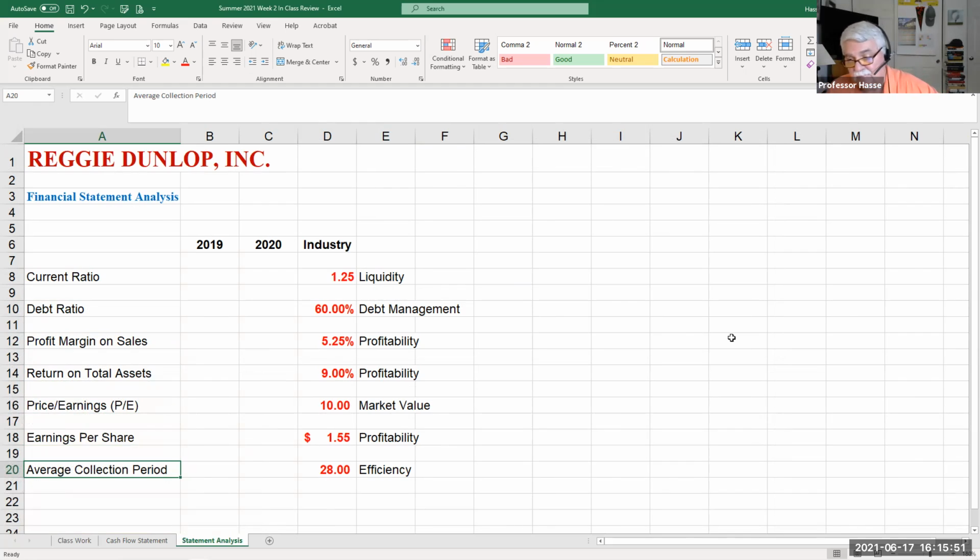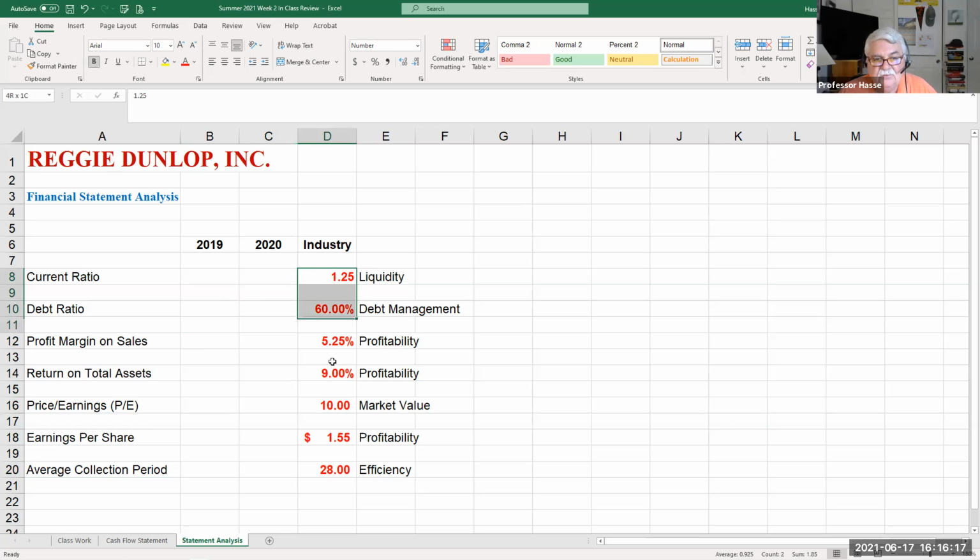There's a whole list of them, about 15 or 20 in the chapter, but you just need to know these 7 for further study, for further work in this course, and for further work in future courses that you'll be taking. And the definitions and how to calculate those are in chapter 4, but I'm going to do 2019 here, and then you can maybe go and practice and try to find 2020.